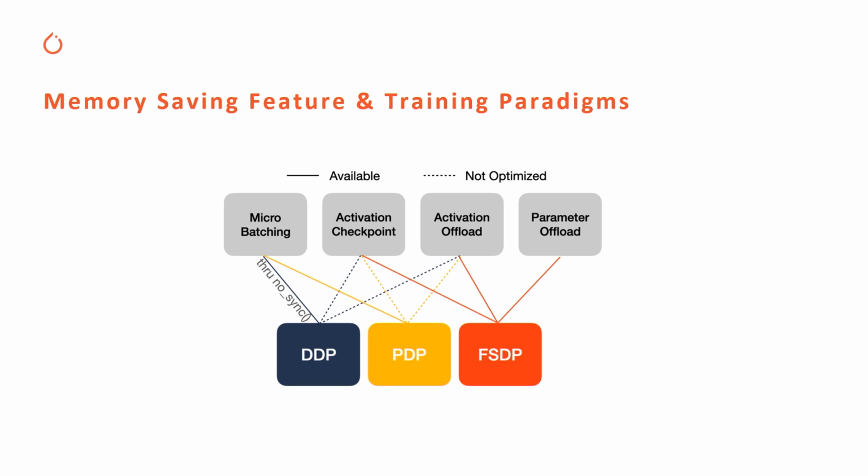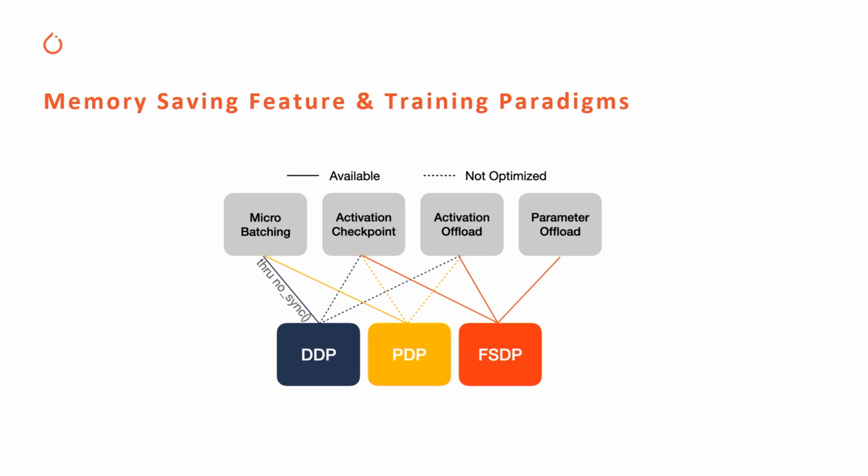So we have talked about three training paradigms, DDP, FSDP, and PDP, where DDP replicates the models, FSDP shards model storage but does not shard the computation, and pipeline parallelism partitions both the model storage and the computation, but then it uses more devices.